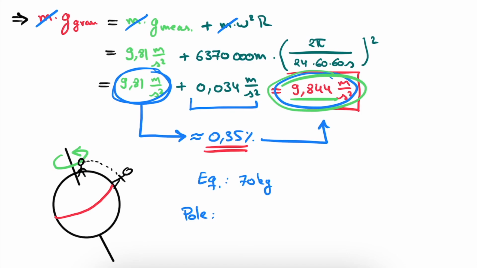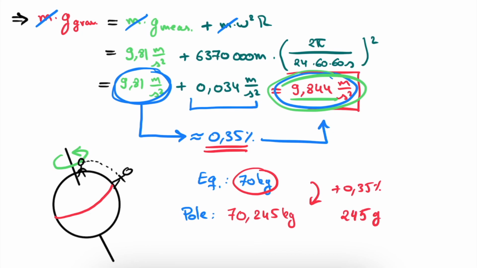And this in turn means that if you use the same scale and you didn't lose any mass yourself, the 70 kilograms, if put on the same scale at the North Pole, would now return 70.245 kilograms, or an increase of 0.35%, or an absolute increase of 245 grams.